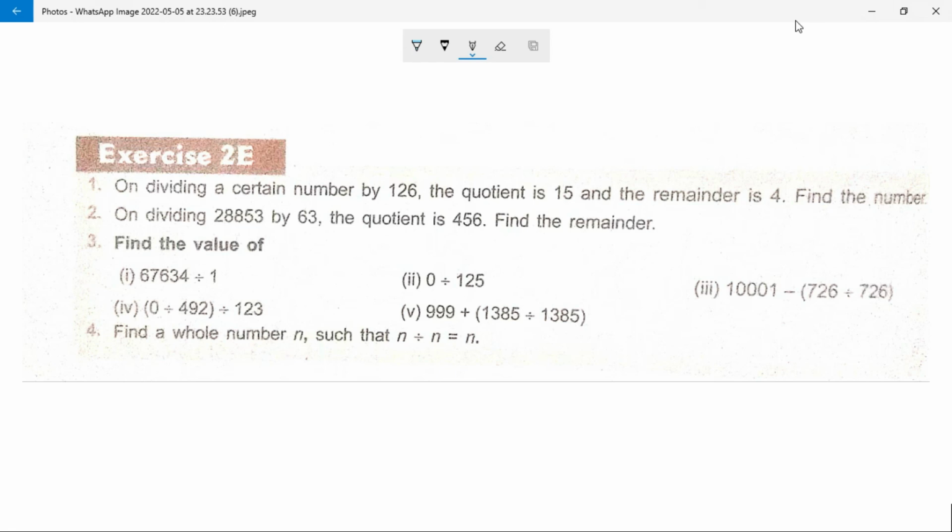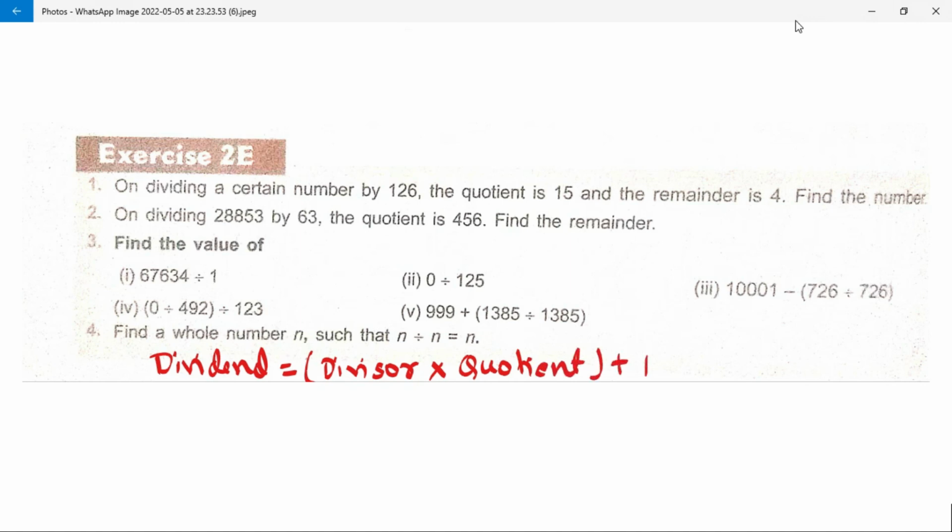The formula is: dividend equals divisor into quotient plus remainder. Okay, this formula you have to remember.